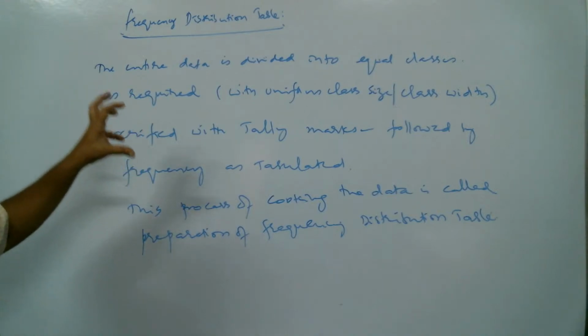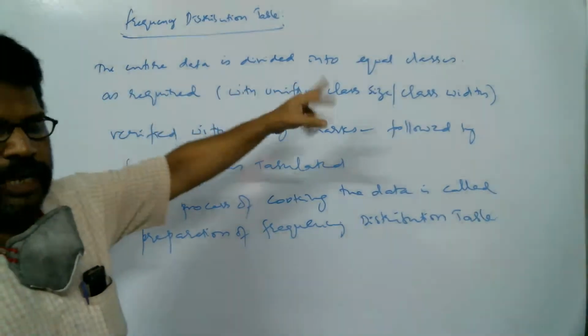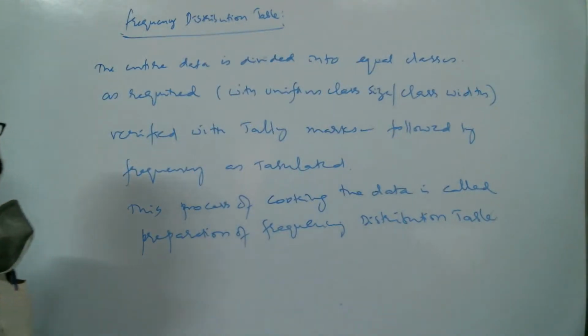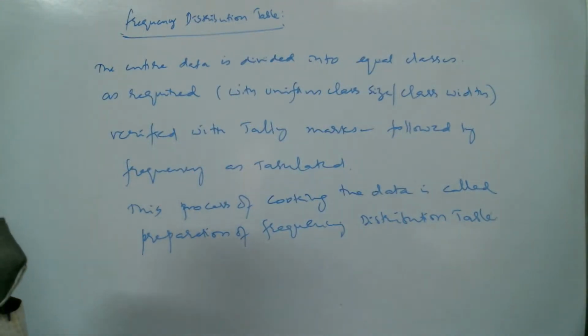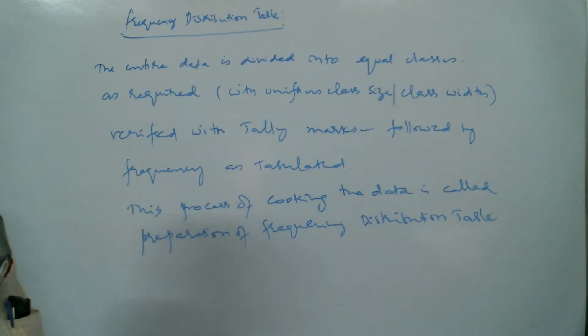Now going for the frequency distribution table, first the entire data is divided into equal classes. Suppose I told you yesterday, there are 30 data entries. I want 5 classes, so each class width should be 6. If I want 6 classes, each class should be 5. I have to take the lowest and the highest, because before the lowest there is no need to take; that class has 0 frequency. The lowest is 6, so start from 6, and the highest is 44.